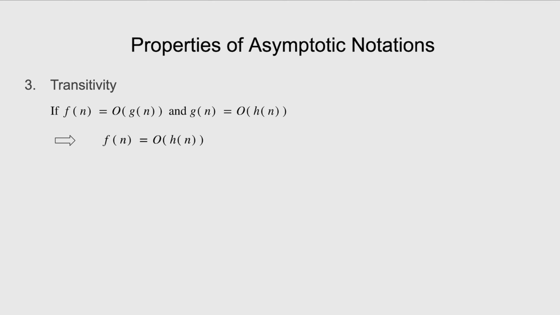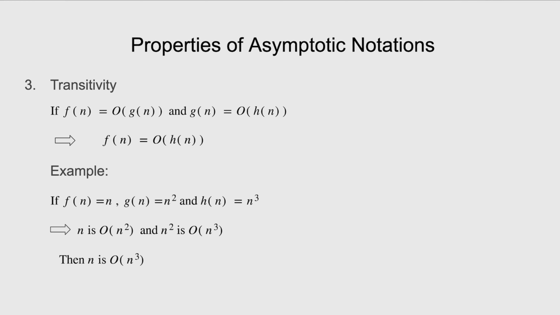Now, transitivity. The definition says if f(n) is O of g(n) and g(n) is O of h(n), then f(n) is O of h(n). Let's take an example. Suppose f(n) equals n, g(n) equals n squared, and h(n) equals n cubed. Then n is O of n squared, and n squared is O of n cubed, so n is O of n cubed.